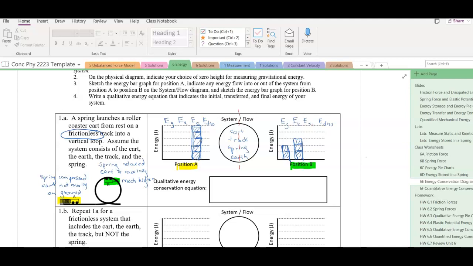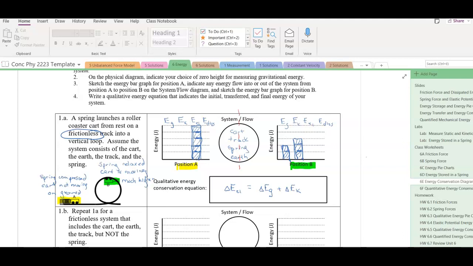So in this case, we have elastic potential energy in the system at the beginning, and that amount of energy is equal to the amount of energy that's stored as gravitational energy and kinetic energy at position B.